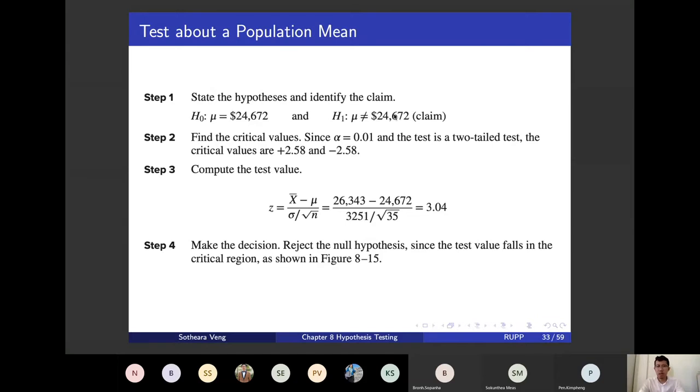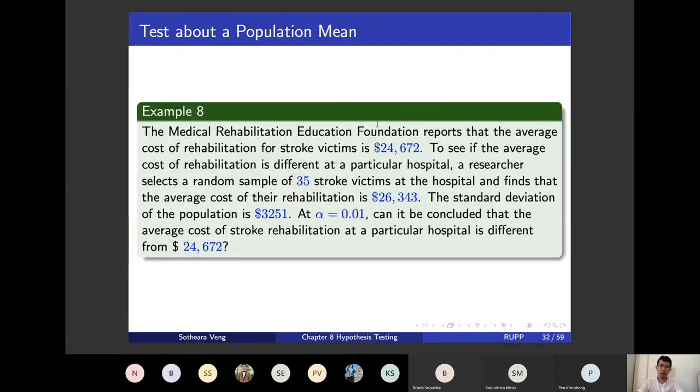Because your claim is about the population, any rehabilitation must be included. If you knew that, you could compute the real mean, the real average value, but in practice it's impossible because you do not always have access to the population data.